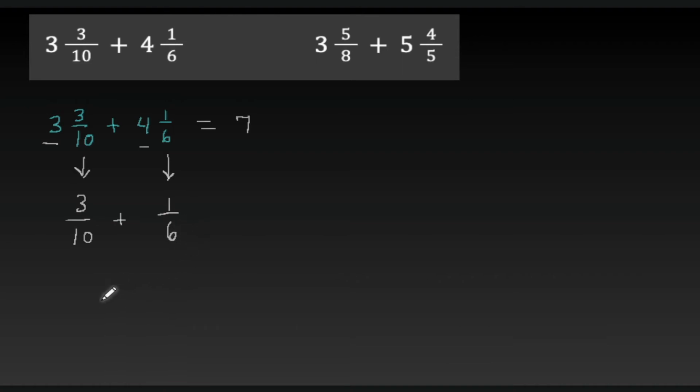So again, looking at the denominators, you can actually almost tell that the common denominator is 30. And the reason why I say that is because you can actually multiply 6 times 5 to get 30 and multiply 10 times 3 to get 30. Okay, and let's go ahead and do that. So we can turn this 6 into 30 by multiplying by 5.